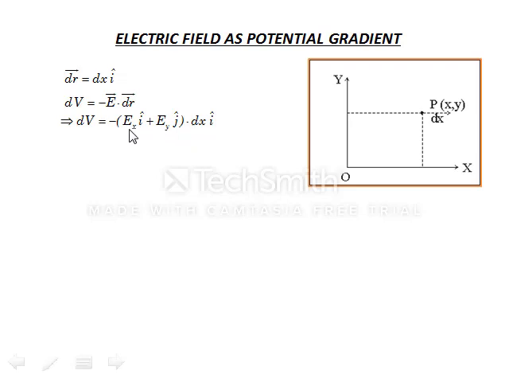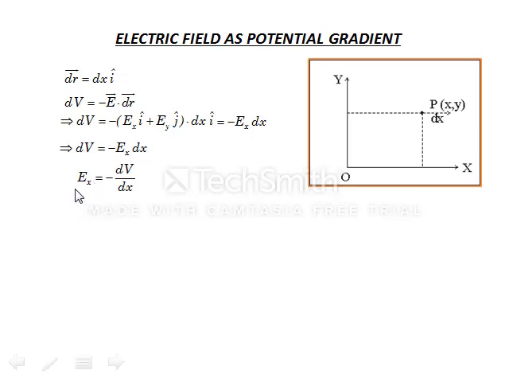Now let us take the dot product. Ex i cap with this one. i cap dot i cap is 1. So this will give you simply Ex dx, minus Ex dx. dV is minus Ex dx. So from here we will have Ex as minus dV by dx.